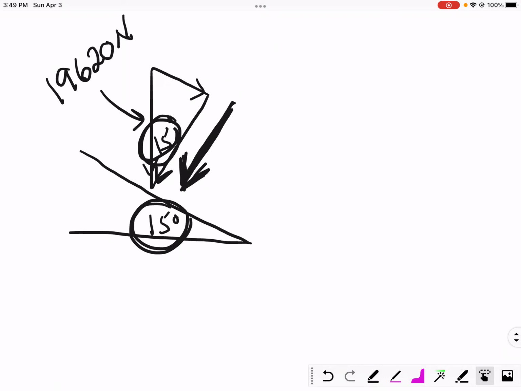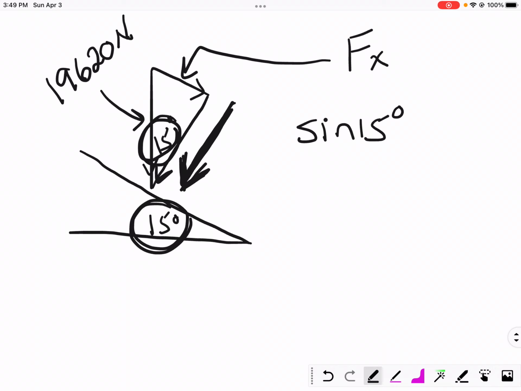Perfect. So I want that side. That is the opposite side. Now, let's call it F, because we're talking about forces here. If that's Fx, the opposite side, then sine of 15 is the opposite side over the hypotenuse.